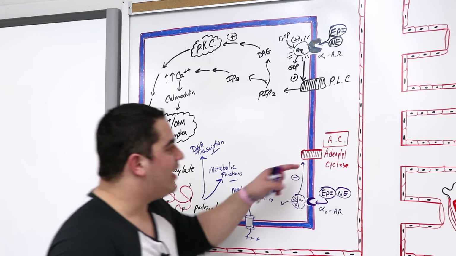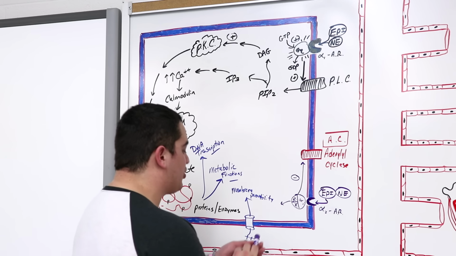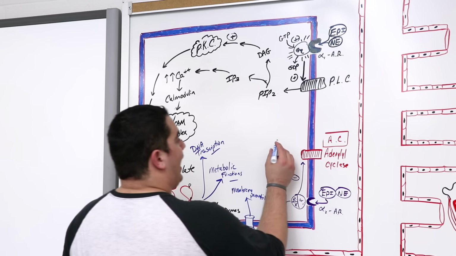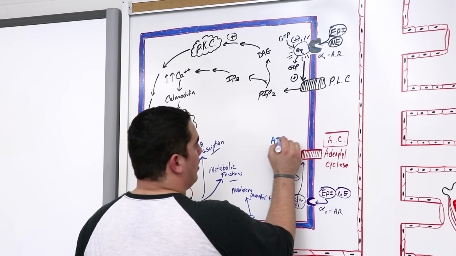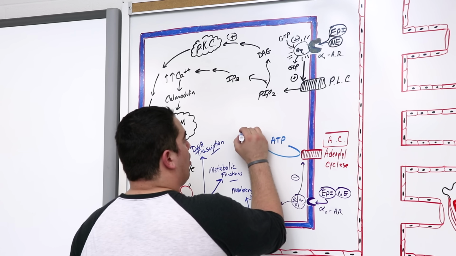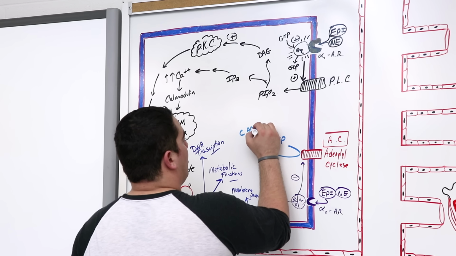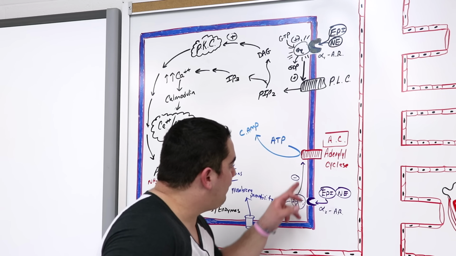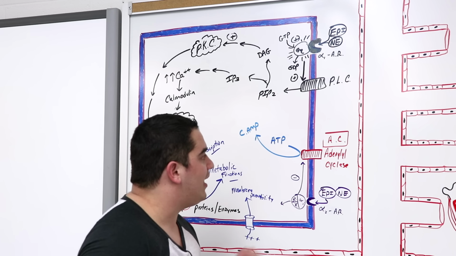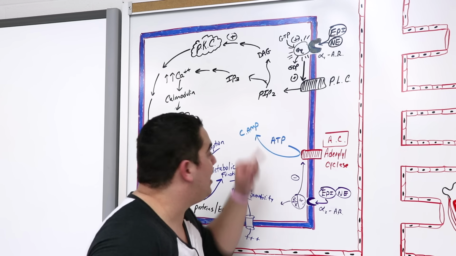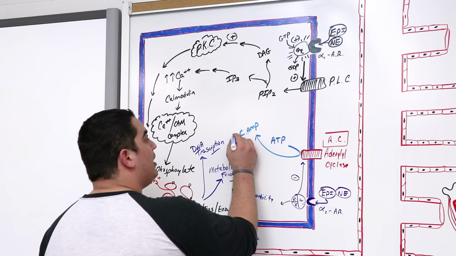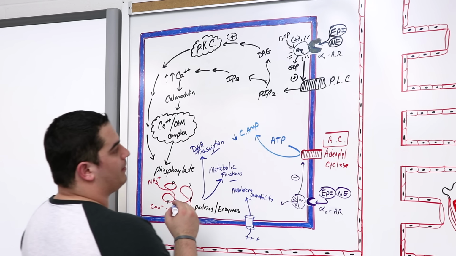Now, adenylyl cyclase is normally responsible for being able to convert ATP into a molecule called cyclic AMP, right? But if the alpha inhibitory unit is binding to the adenylyl cyclase, it's inhibiting it. Is it going to be able to make cyclic AMP? No. So as a result, the cyclic AMP production will decrease.